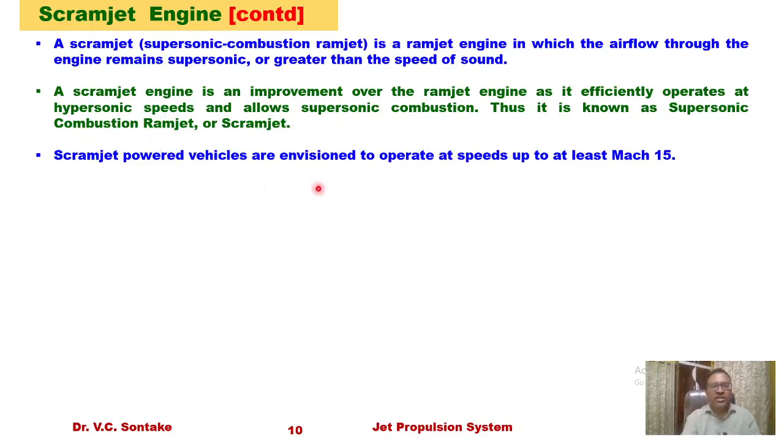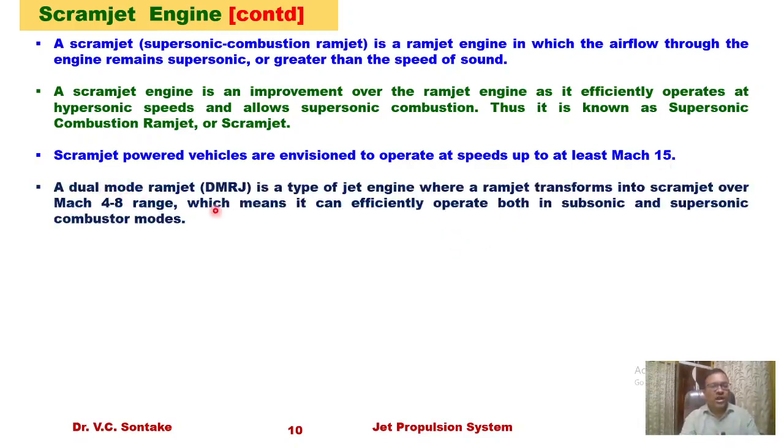Scramjet powered vehicles are envisioned to operate at speeds up to at least Mach number 15. When the scramjet engine was first designed, it was anticipated that it would operate at a Mach number of 15.